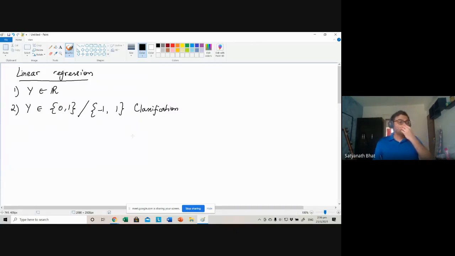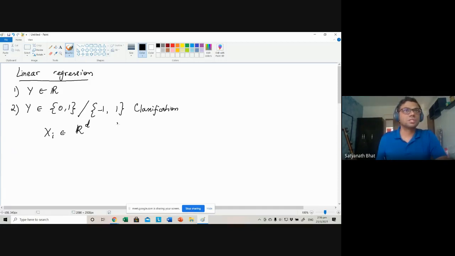So what is the class of functions that we are considering? We are considering the features x_i, which belong to some R^d.